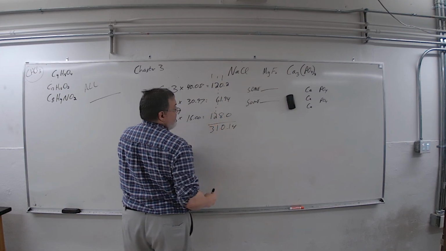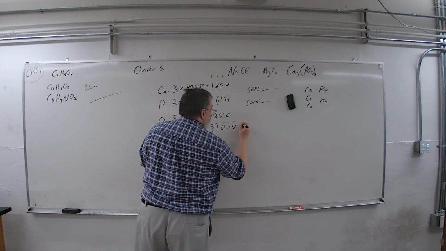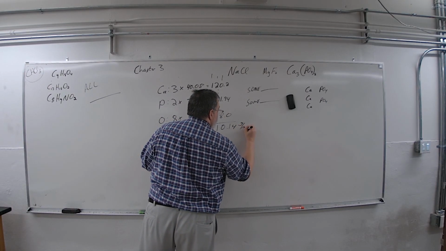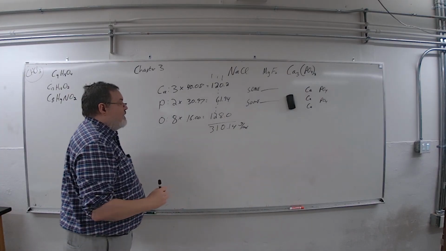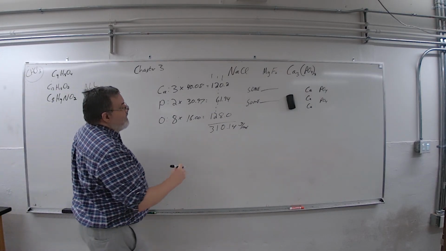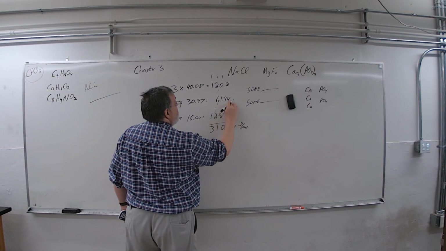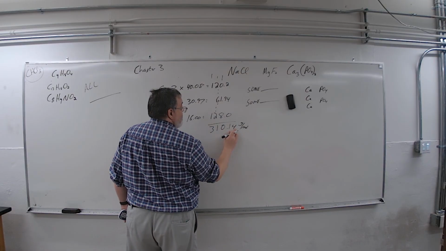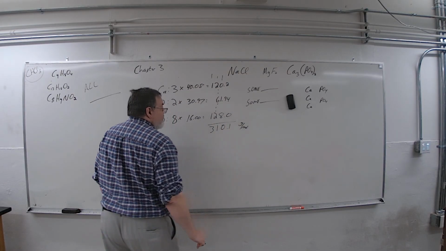I think I did that right, but adding that up, and I'm just going to say grams per mole now. 1 after the decimal, 2 after the decimal, 1 after the decimal. So really, I guess I'll just keep it that to be proper.